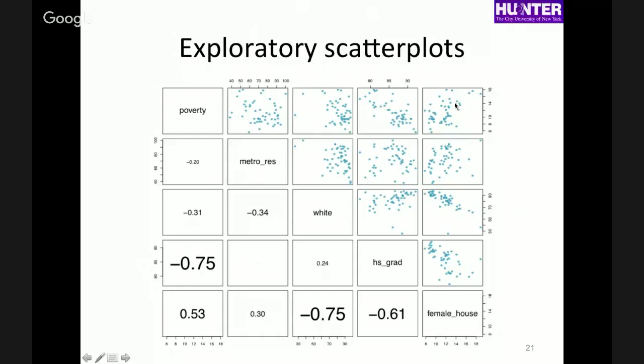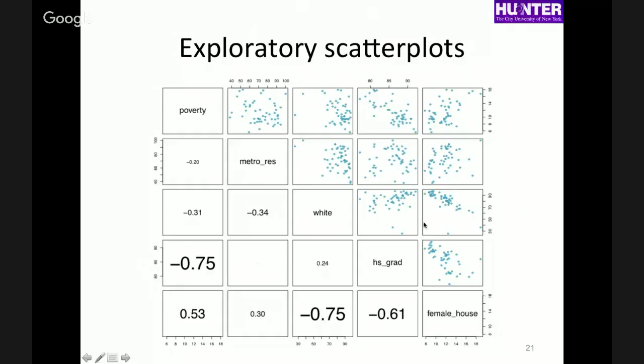And there's also a pretty good positive correlation with the percentage of female heads of household. There's a correlation of 0.53. So we've got 4 potential predictors here, and we can immediately see that some of them are stronger than others.